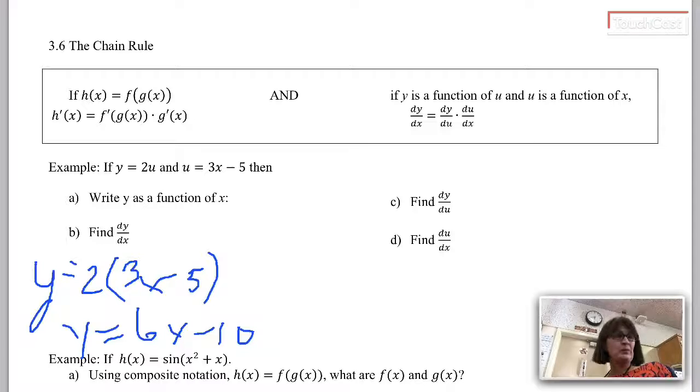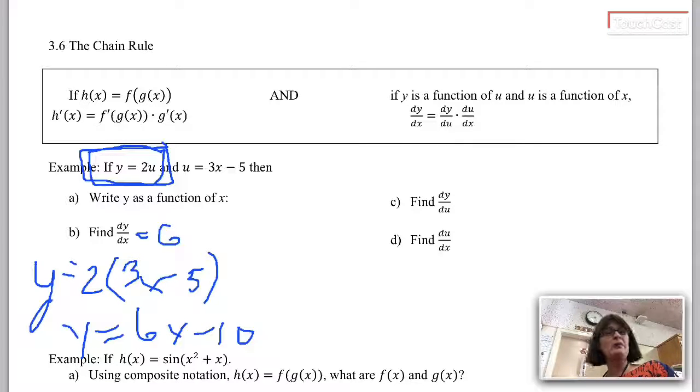So once I have an expression for y, can I find dy/dx? Yes, I can. I expect you have no problem figuring out that dy/dx is 6. So what is dy/du? Well, here's the y function. dy/du means take the derivative of y with respect to u, which means take the derivative of y as if u was the only variable in the y function, which, if I look here in this box, u is the only variable.